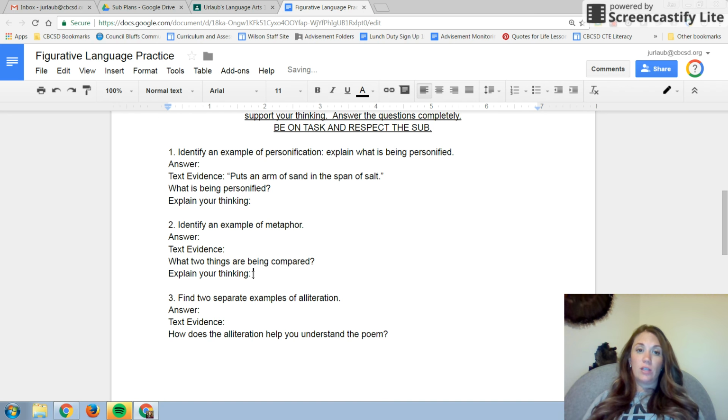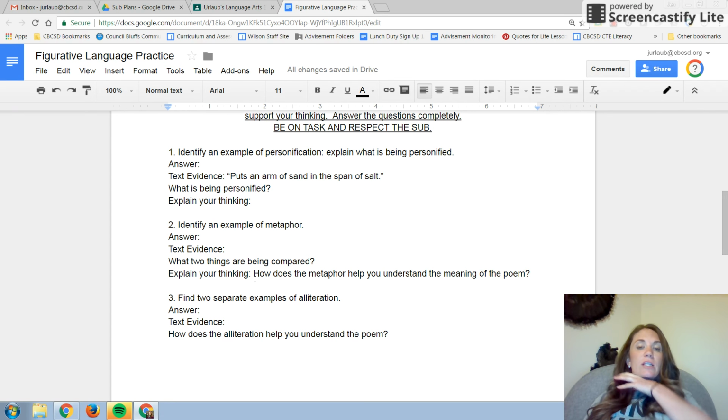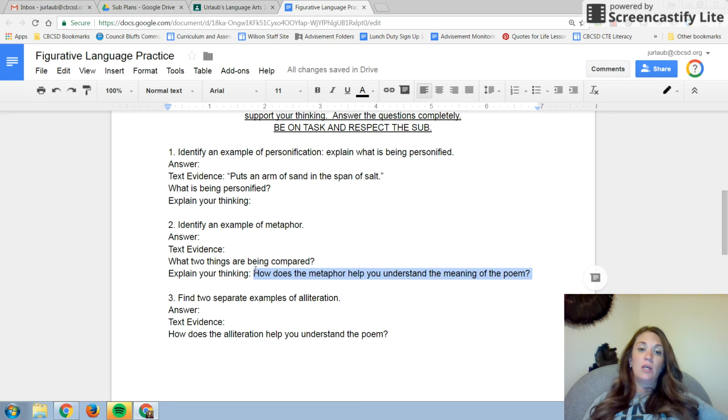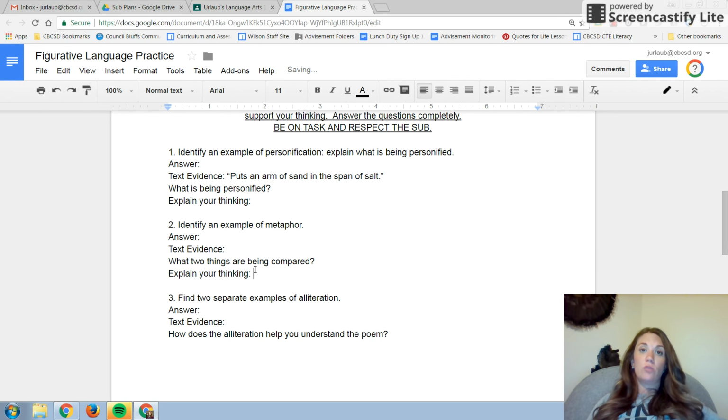So again, with this one, it's going to be, how does the metaphor or use of metaphors help you understand the meaning of the poem? That's kind of what I want you to do with your explaining your thinking here, okay? How does a metaphor help you understand the meaning of the poem? So you're going to go through all of those questions and do this today, okay?